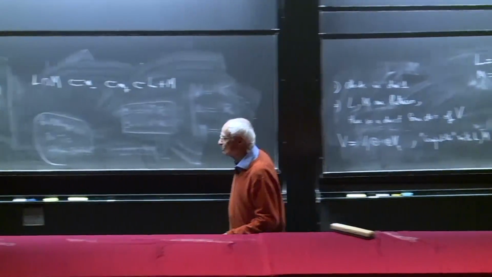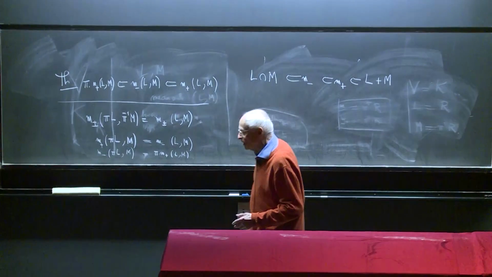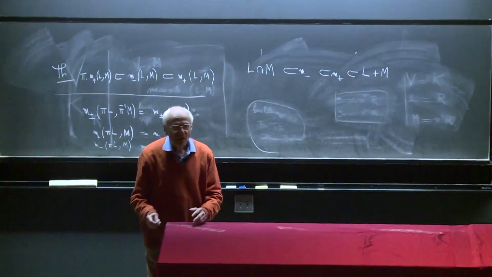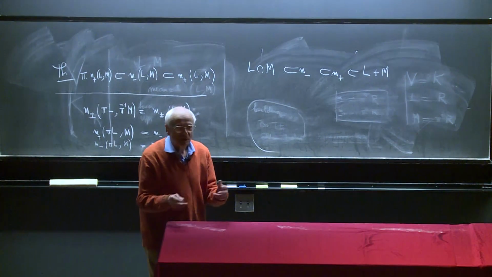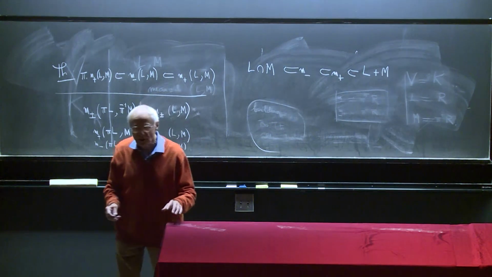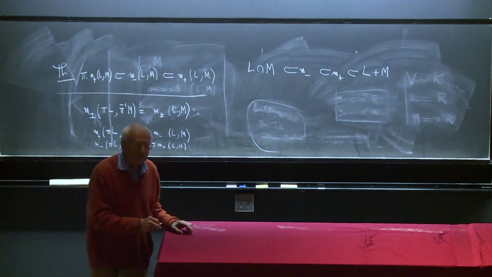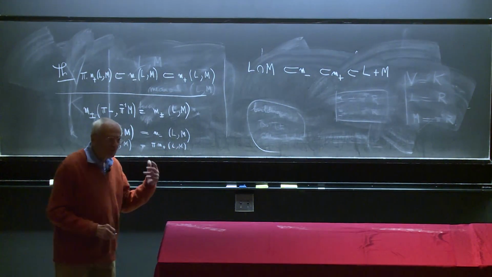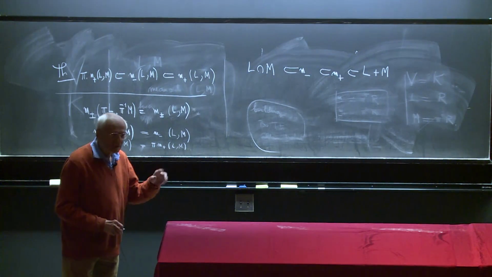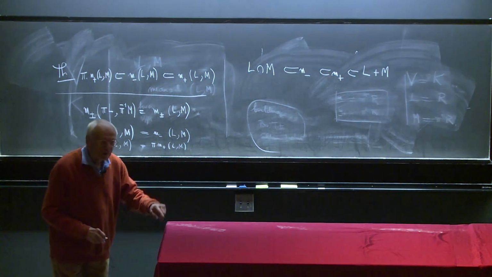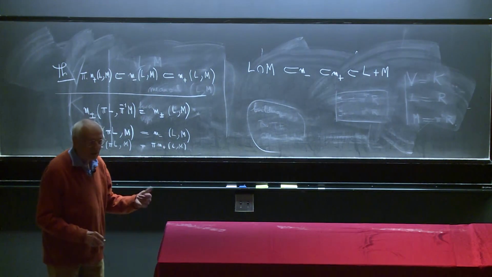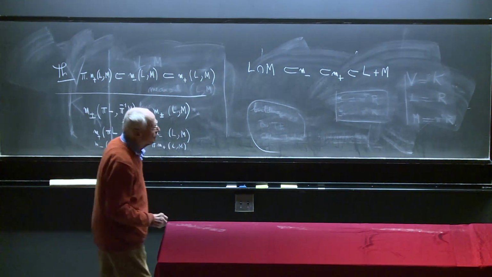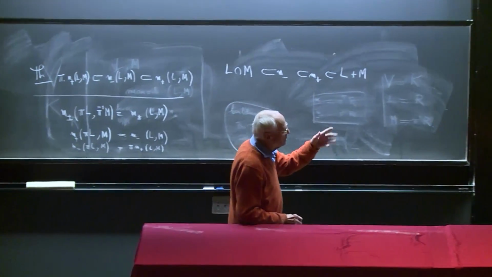You prove that by using standard things: when you have two lattices, you can choose a basis. There is a theorem in algebra which tells you that you can find a basis of the first one such that the other one has for basis the same elements multiplied by scalars. And that would not be true for three.